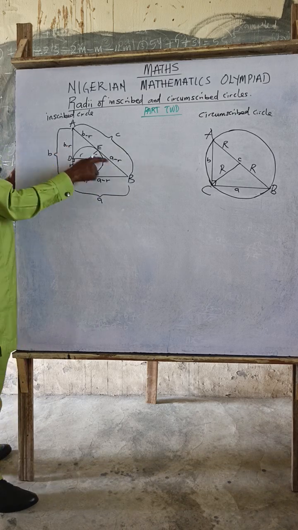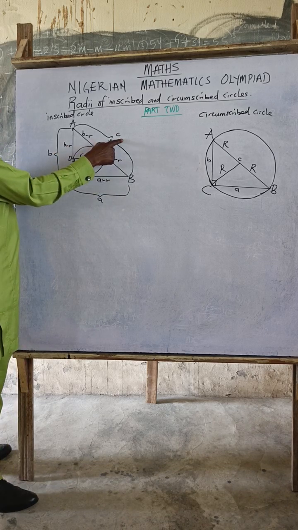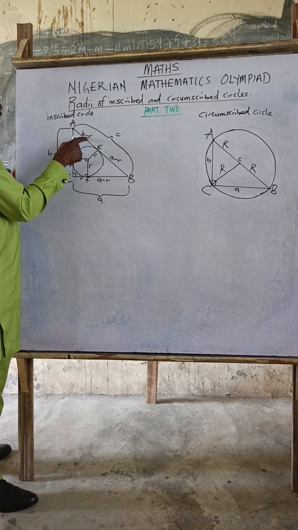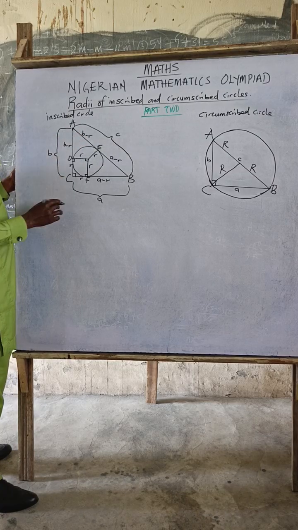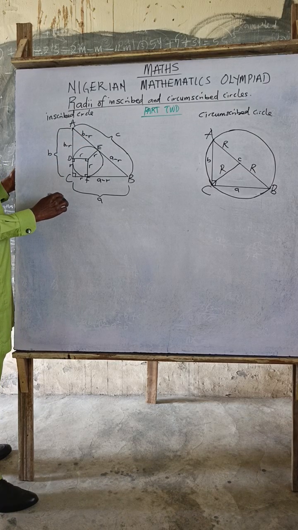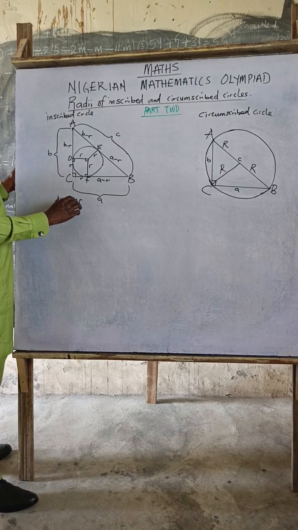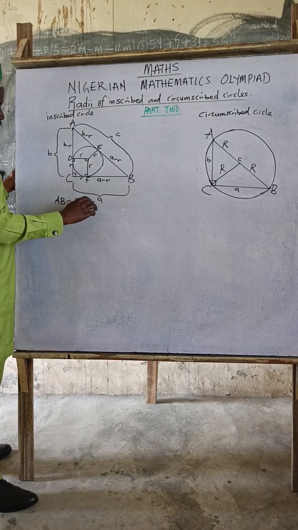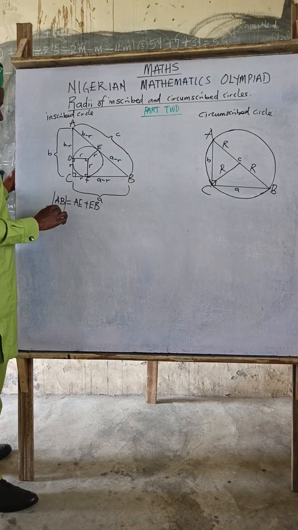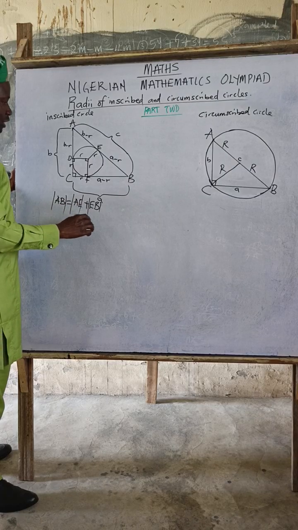Now the length of AB is C, and it can also be determined by adding AE, which is B minus R, and EB. That is AB equals AE plus EB.